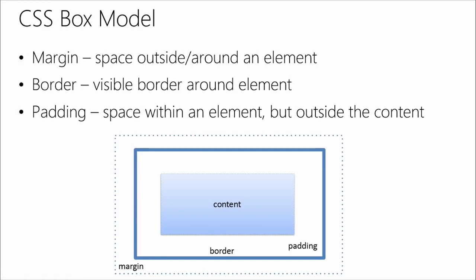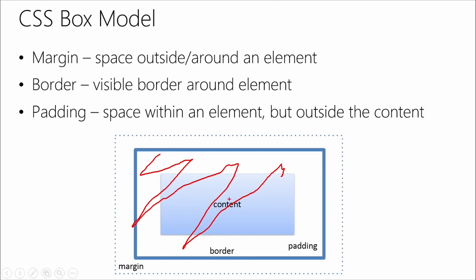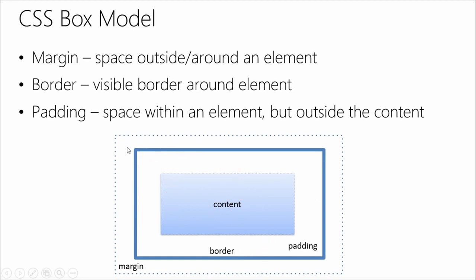So a good way to think about this is, for instance, if you set the background of this entire element, it would go from the padding on. So that would encompass all of the color, but the margin would stay clear because that's viewed as outside of the border of it.